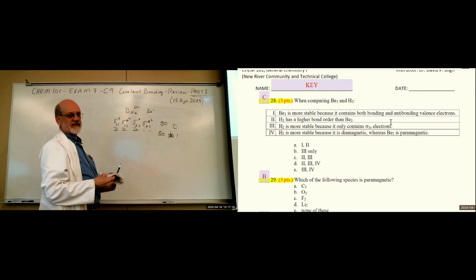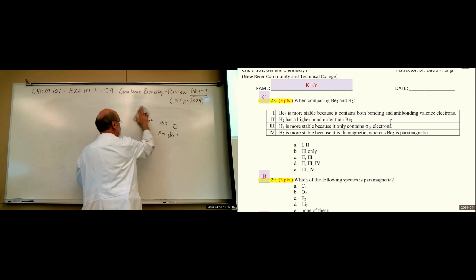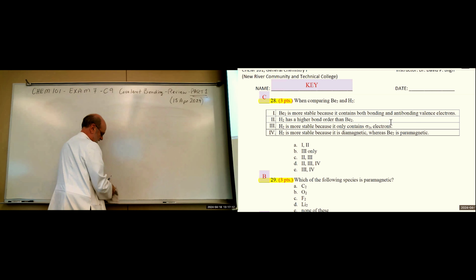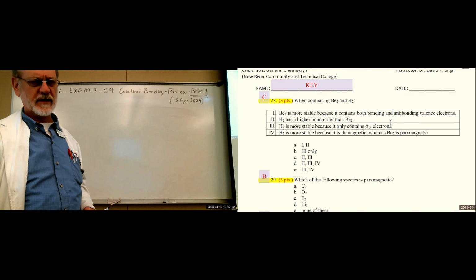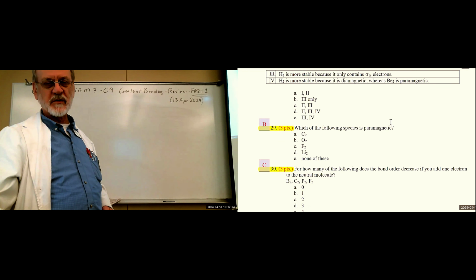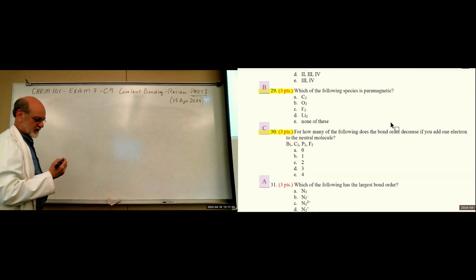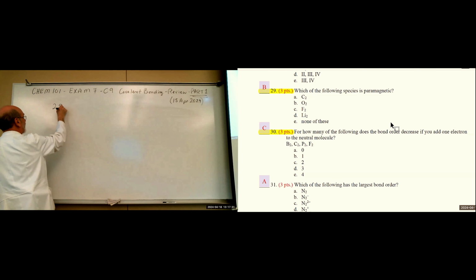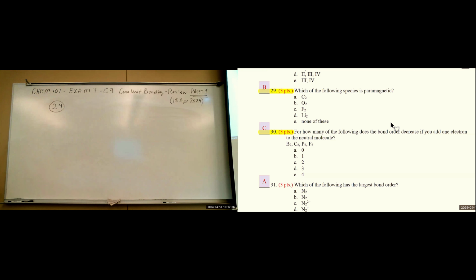But that's not what they said. They said Be2. That's it. Neutral Be2, which does not exist. We don't predict that it would exist. Right? Let me put it that way. It's just my luck that some graduate student was successful in making one of those. And if his PhD thesis depended on it, and it could be done, he probably would do it. He or she.